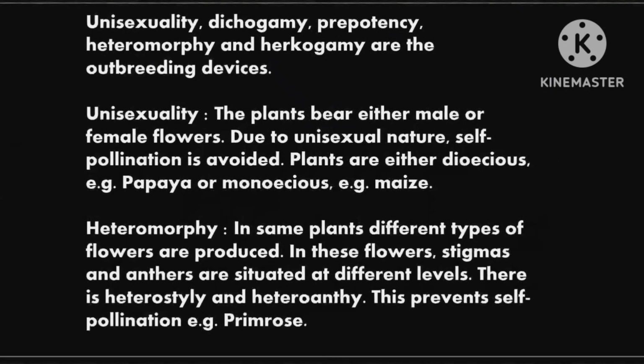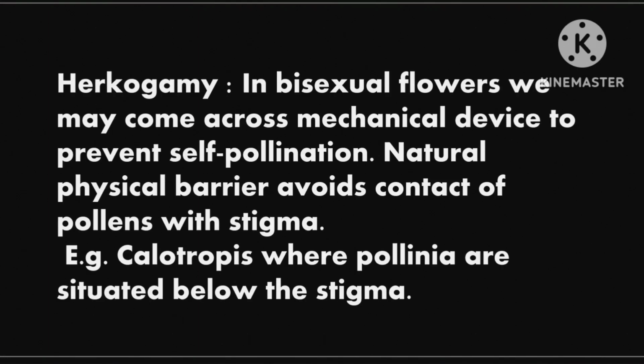Heteromorphy, in some plants, different types of flowers are produced. In these flowers, stigmas and anthers are situated at different levels. There is heterostyly and heteroanthy. This prevents self-pollination. For example, primrose.